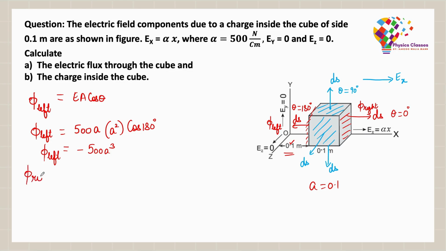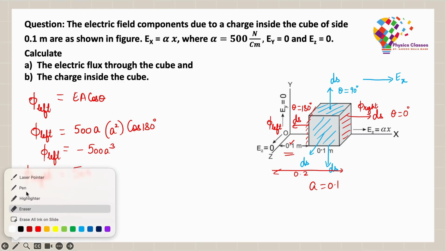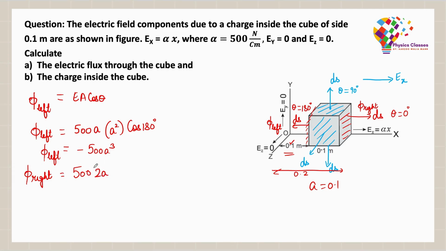Now similarly, let's write down the flux due to the right surface. The electric field for the right surface is also 500 times the distance, and for the right surface you can see it is 0.2, not 0.1. You can simply say it is 0.2, or since we took a as 0.1, I'll say this is 2a.